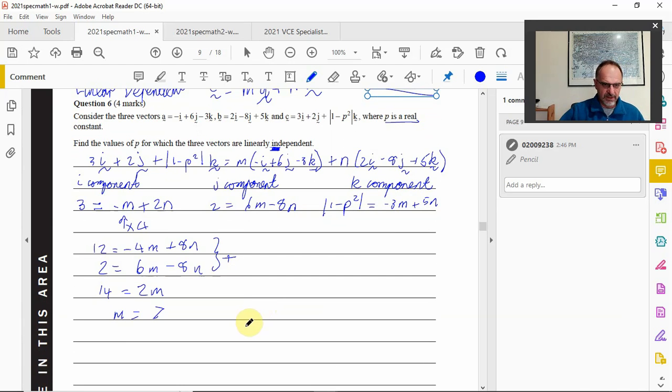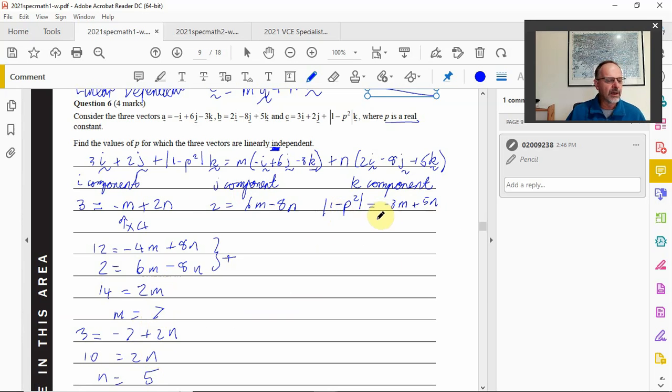All right, and so then to find what n is, I can use any one of these, but I'm going to use the i component one. So 3 then would be negative 7 plus 2n. So 10 is 2n, and so n would be 5. All right, so that now brings us to the k component, because I've used the i and the j components, and from them I've found out what m and n are.